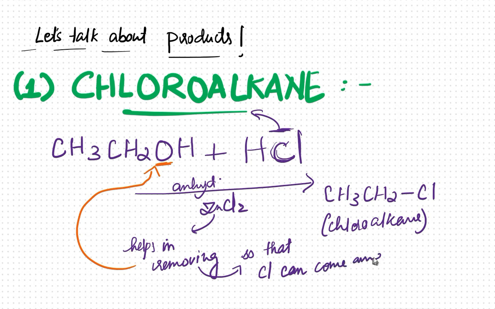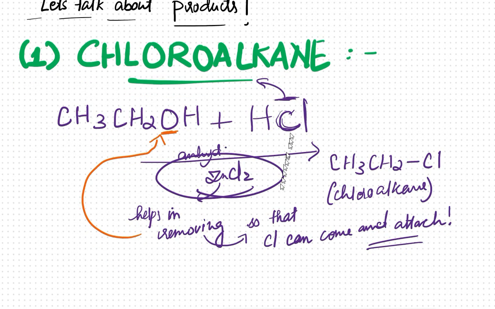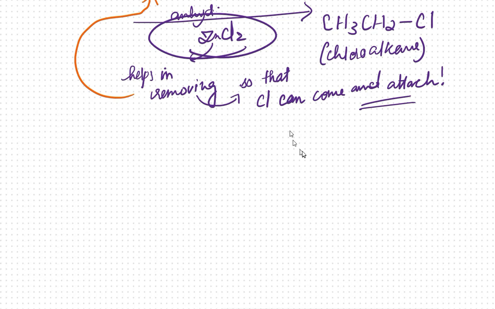As you can see in the product, this O was removed, so that the hydrogen from hydrogen chloride can form a bond and chlorine can get attached. That is the basic role of zinc chloride. It helps in removing the oxygen atom, and you have to keep that in mind, so that chlorine can attach. So let's move on.